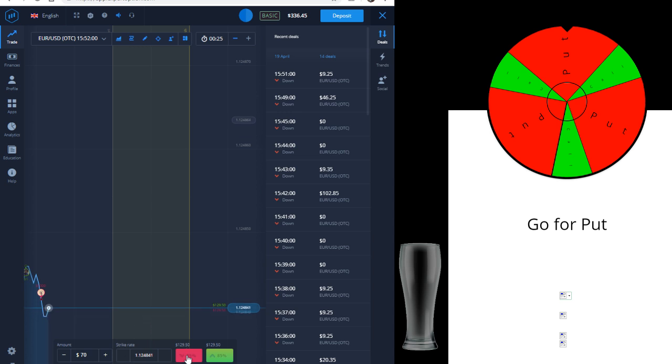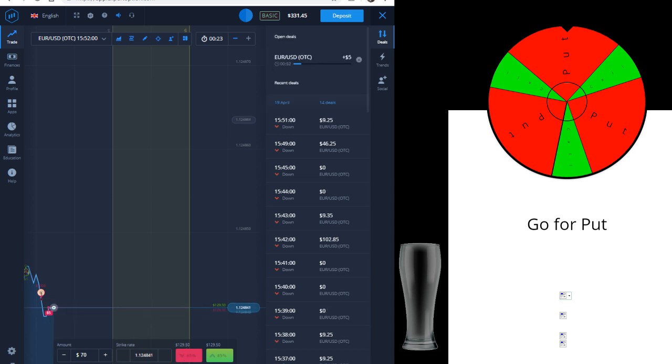Okay, on the winning I remain with the same base amount, no problems. Okay, where are we going?